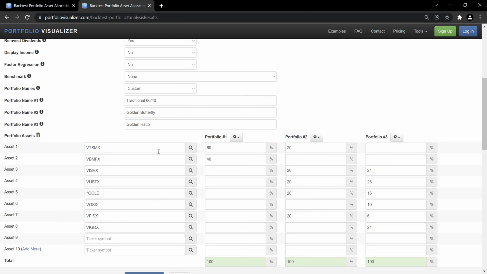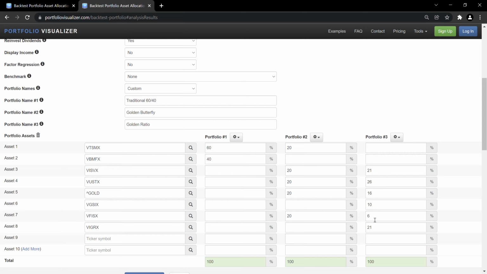longest data series. And then we have the golden ratio portfolio over here, which is 21% small cap value and 21% large cap growth. It's a simplified version of it. And we have 26% in long-term treasury bonds, 16% in gold, 10% in a REIT fund, that's VGSIX.